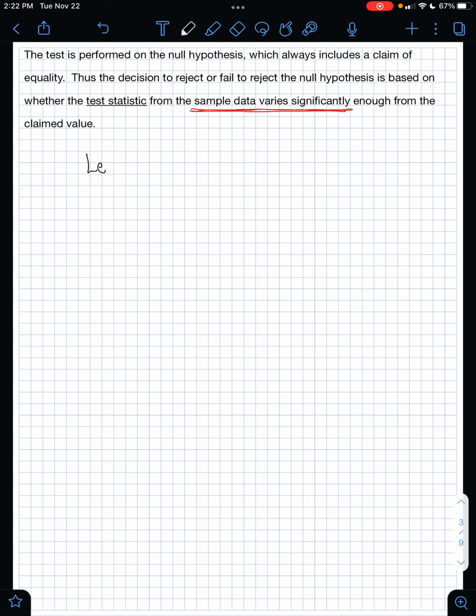We have what's called a level of significance. The level of significance is the probability of committing a type 1 error, and we call that probability alpha. You might recognize alpha from when we did confidence intervals. And in fact, it is actually the same alpha. In the confidence interval, remember, the confidence level was the area in the middle of the distribution.